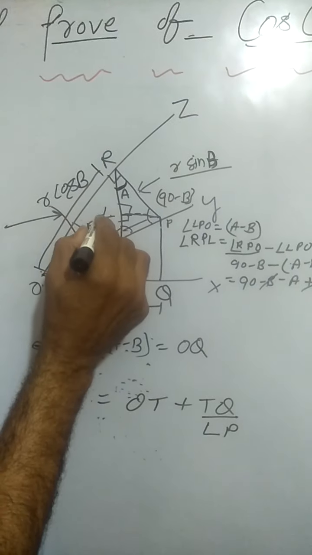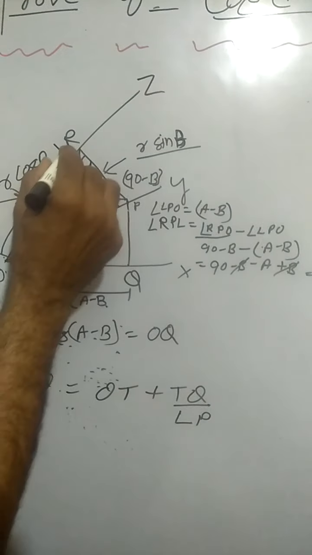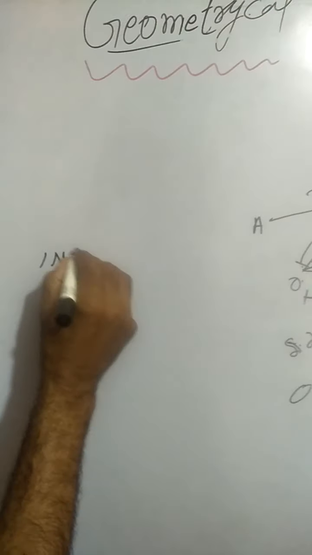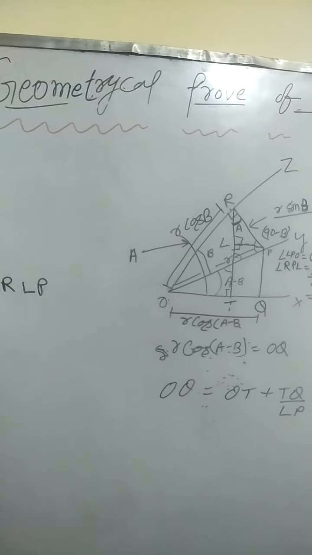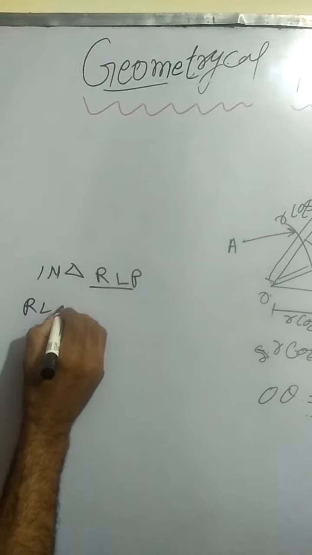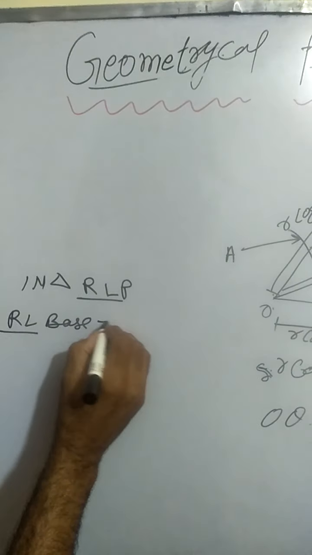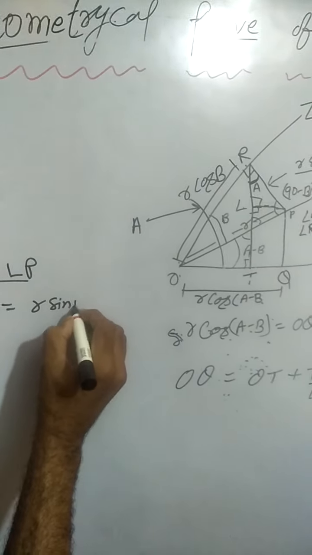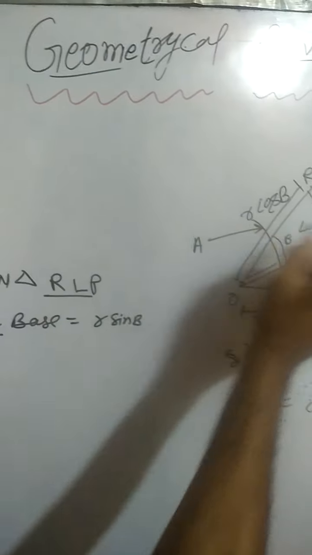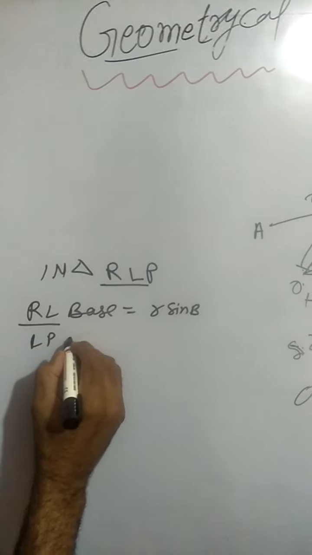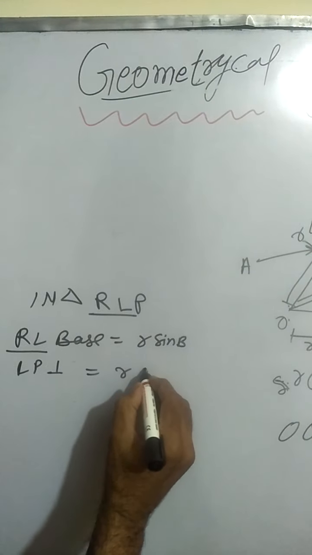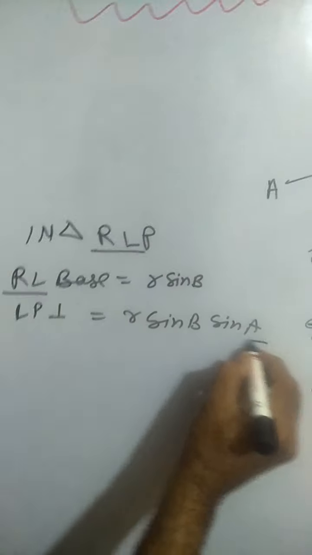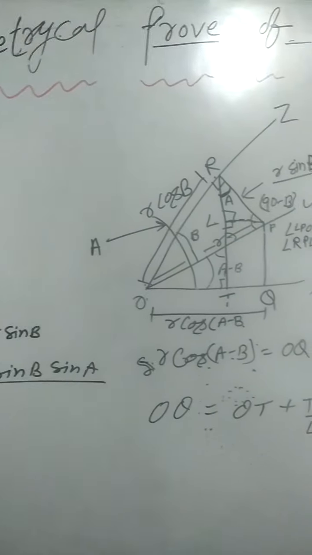Now in triangle RLP, RL is the base. Sorry, we know here LP is the perpendicular, and it is equal to R sin B sin A. This is equal to LP.